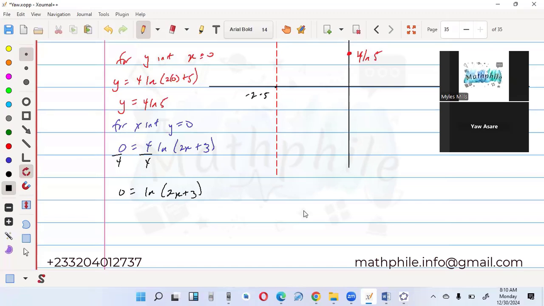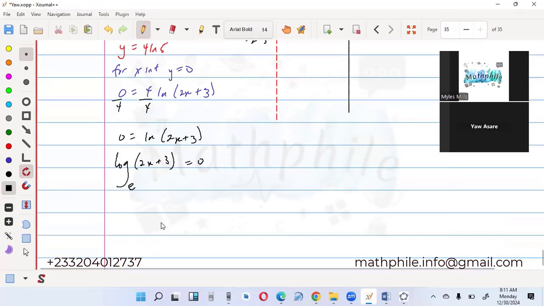I can bring log. Okay, let's see if you remember your logarithms. If I want to give you any hint, I'll tell you to change it into exponential. For you not to worry, this can be written as log of 2x plus 5 to the base e equals 0.